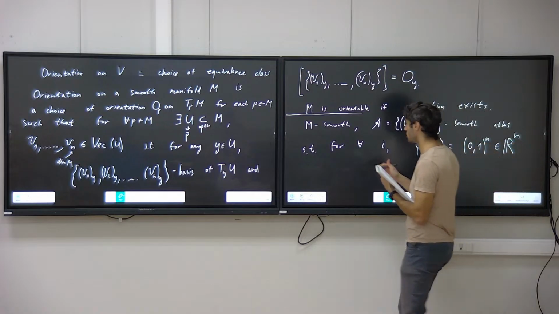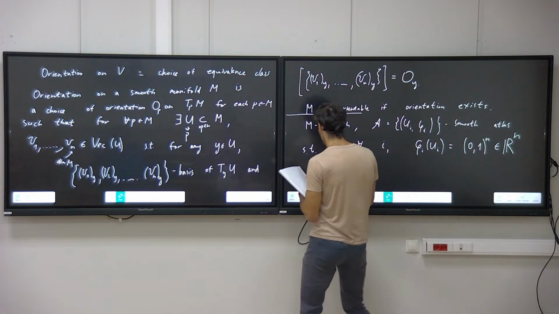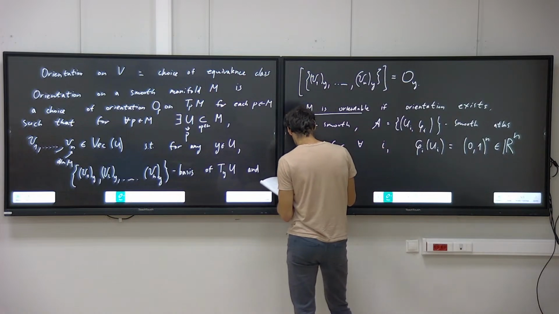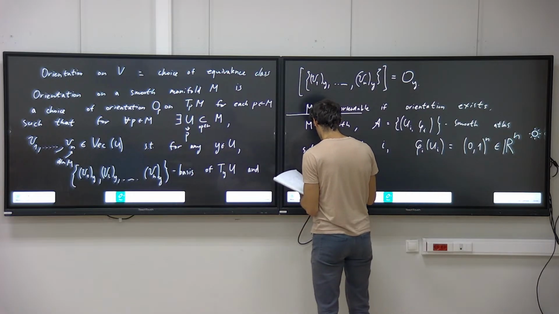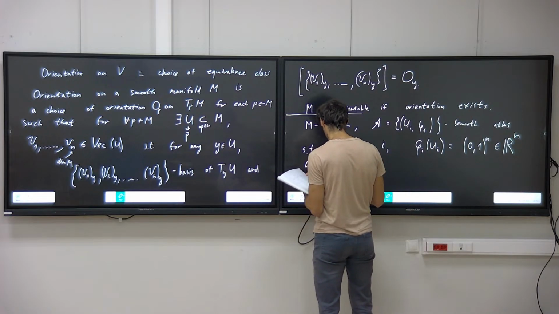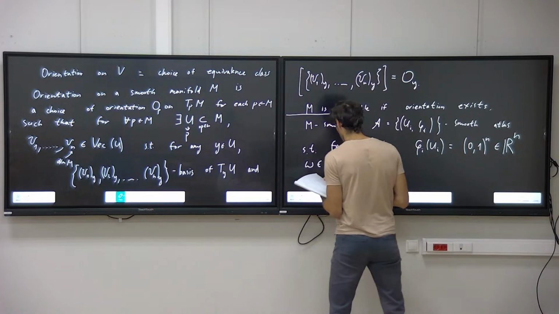All right, and also let me fix. So I'm fixing M, and I'm fixing omega. So this is a differential form, but it's what's called top form.